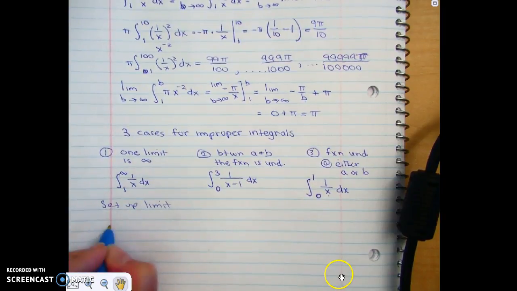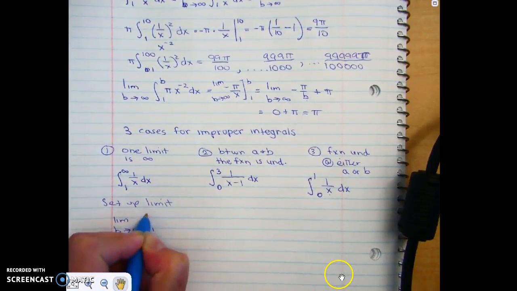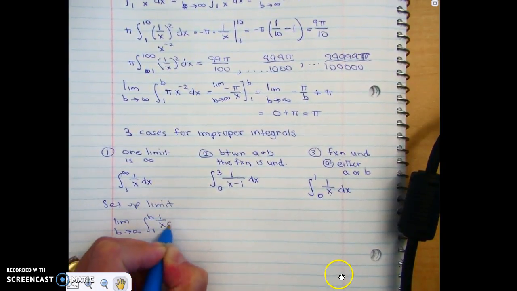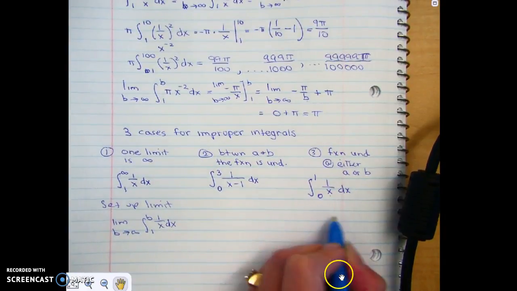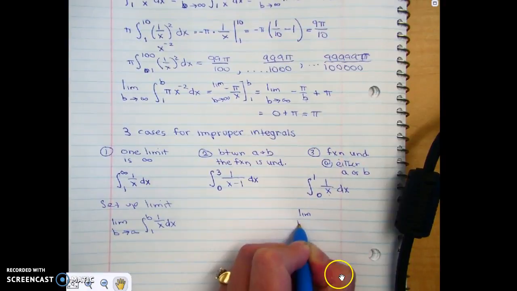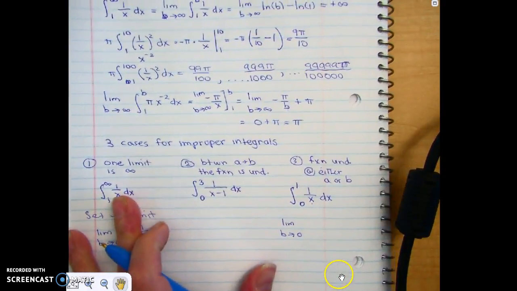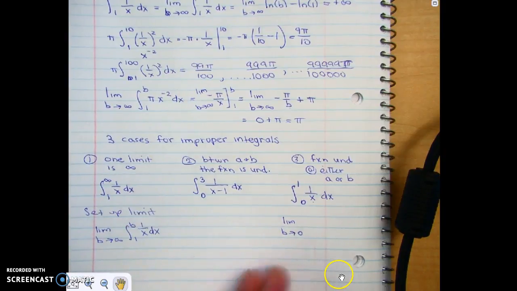And I'll just write these out. So this one would be the limit as b approaches infinity of the integral from 1 to b of 1 over x dx. That's easy enough. And if we want to come over here to do this one, we're going to take the limit this time as b approaches 0. And there's nothing special about using b, but most books that I see use b.